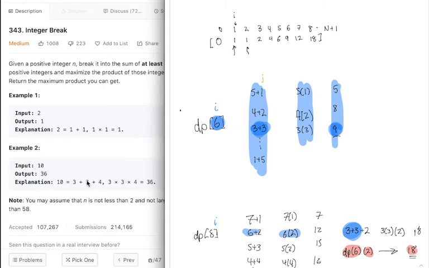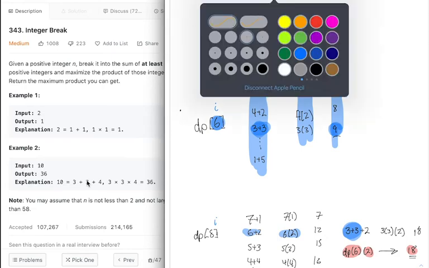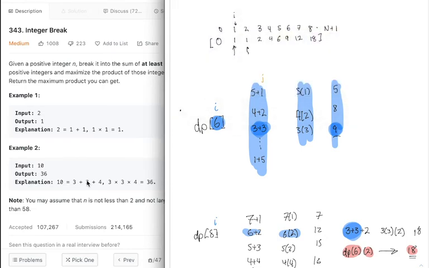So how can we actually implement this? Notice here real quick, this number right here, this 5, is actually calculated by i minus j times j. 6 minus 1 times 1, 6 minus 2 times 2, 6 minus 3 times 3, on and on and on.